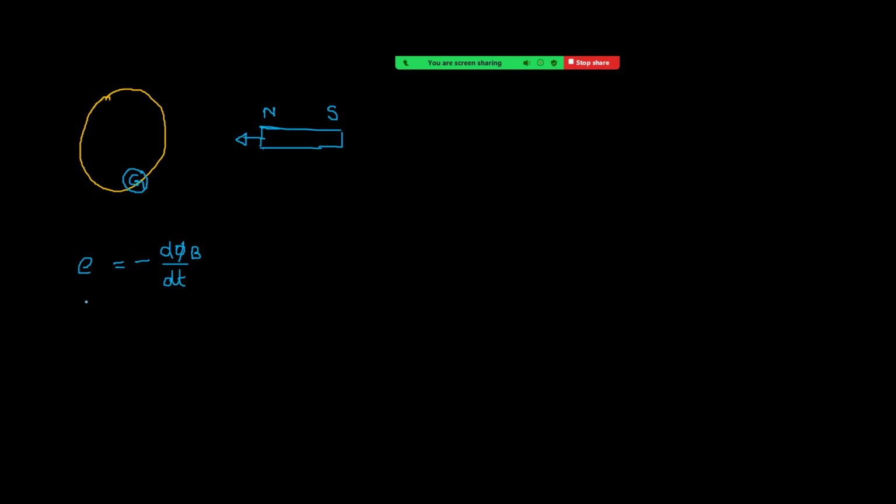But we know that to have current flow, there must be a battery because a battery provides an EMF. But here there is no battery. That means because of relative motion, an EMF is induced because of which current is flowing, and that EMF is given by the negative of the rate of change of magnetic flux with respect to time.